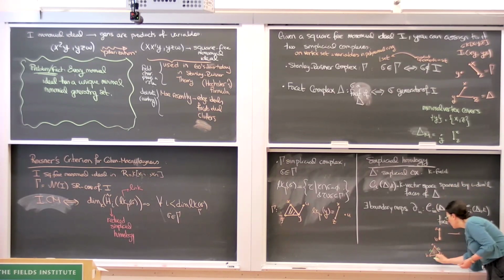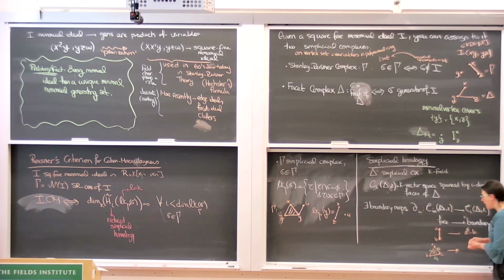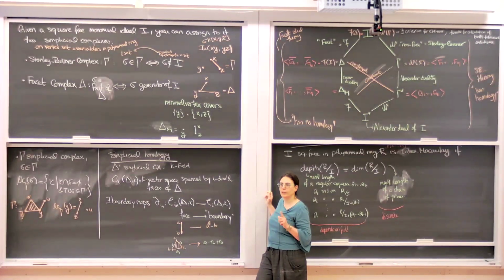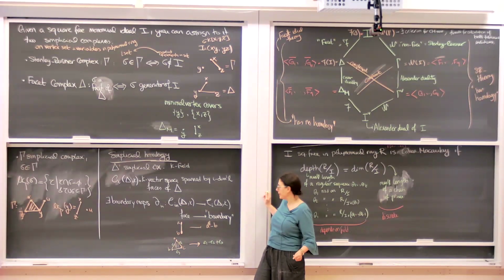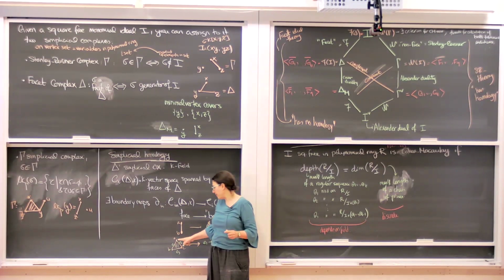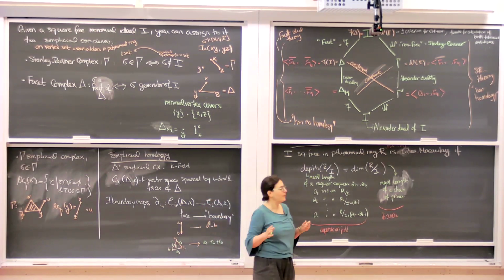E1, E2, E3. The map is going to take the triangle to the sum of its boundary edges. So alternating sum. So E1 minus E2 plus E3. The plus or minus are a little bit arbitrary, meaning they come from picking an order on your vertices of the simplicial complex and then sticking with that order. That's the most important thing. You pick any order you like and you just stick with that order. That means if A is before B, then you do B minus A.